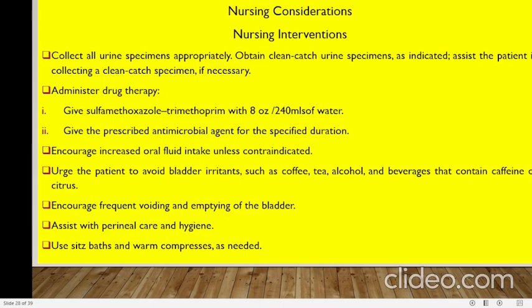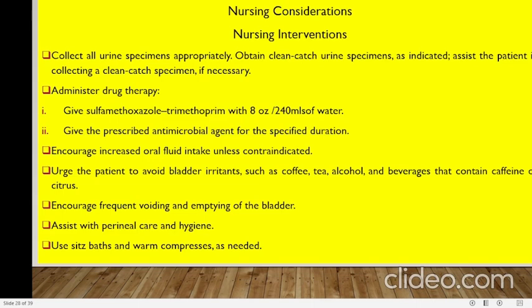We need to give sulfamethoxazole trimethoprim with 8 ounces of water. This is equivalent to 240 ml. You give the prescribed antimicrobial agent for the specified period. Encourage increased oral fluid intake unless contraindicated.